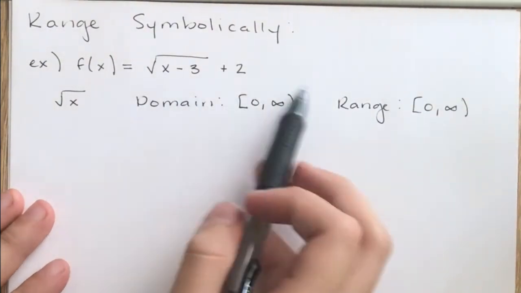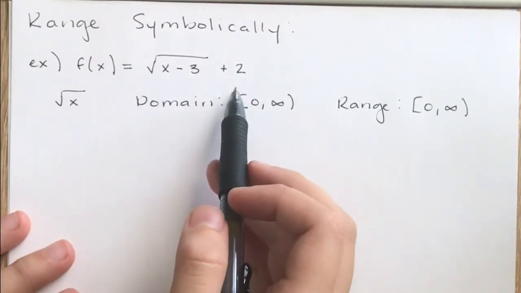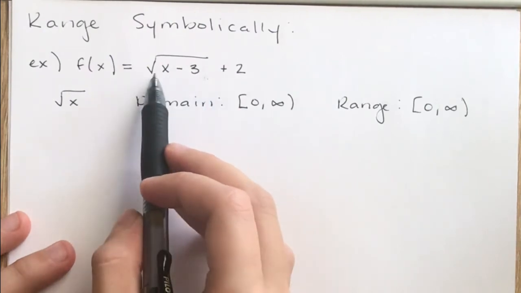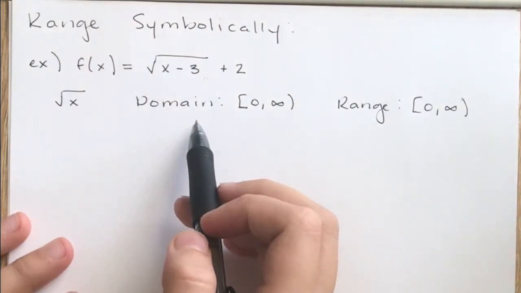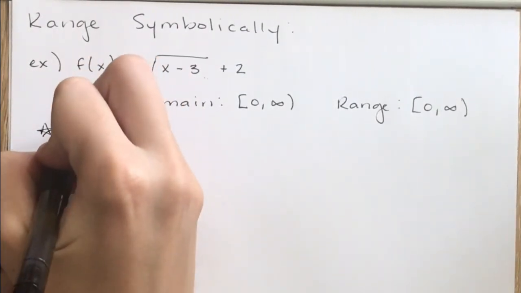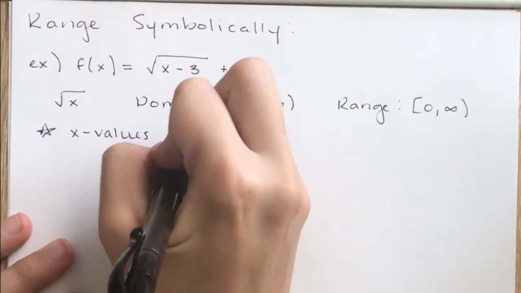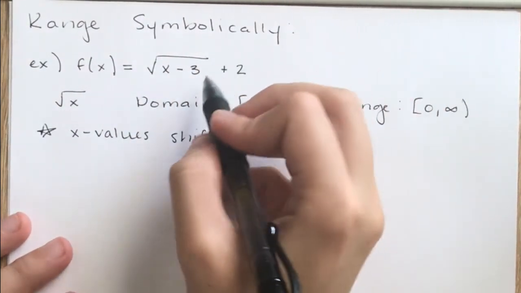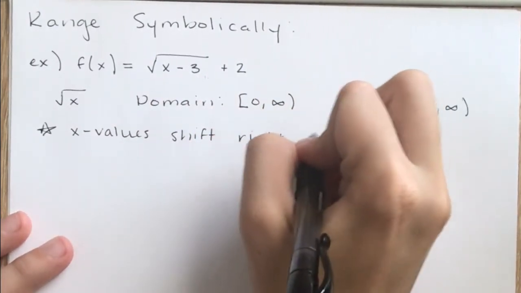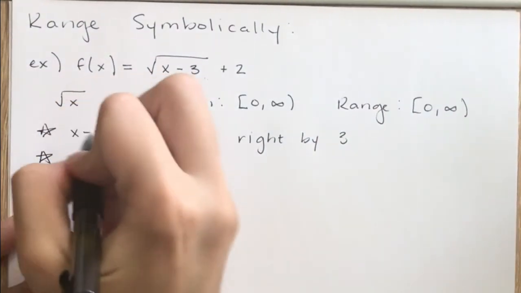What's happening to our x and y values here? How are we changing them when we do the transformations with this graph? Our x's are shifting where? To the right by 3. What's happening to our y values?